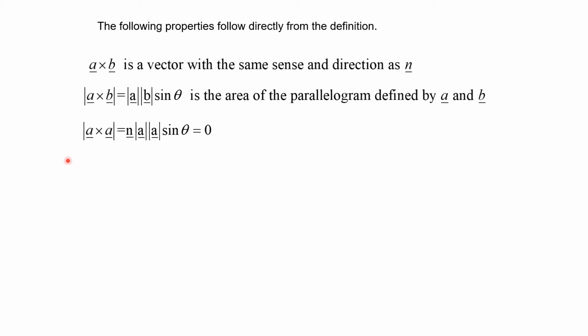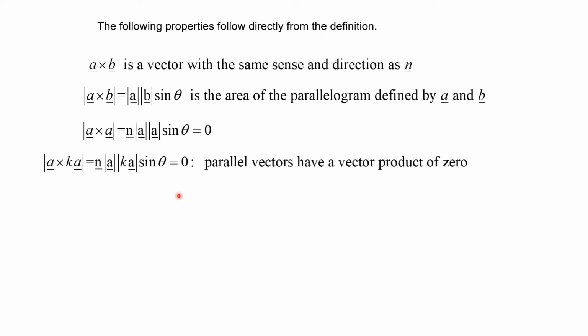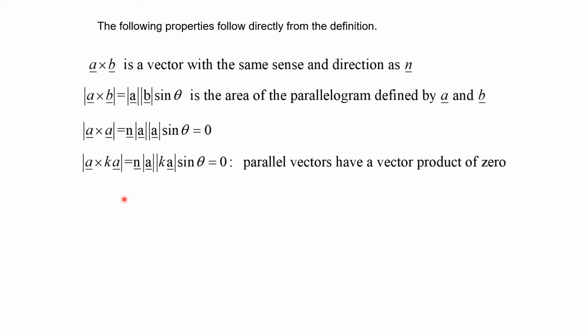If it's vector A cross vector A, the angle between these two vectors is obviously zero, so sin 0 is 0, therefore the resultant here is 0. It's similar if two vectors are parallel, we will also have a vector product of 0.